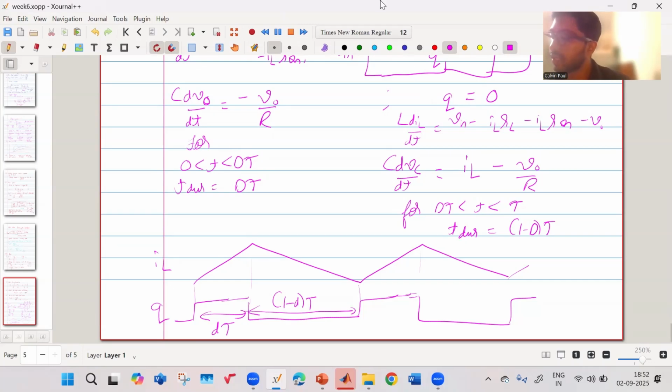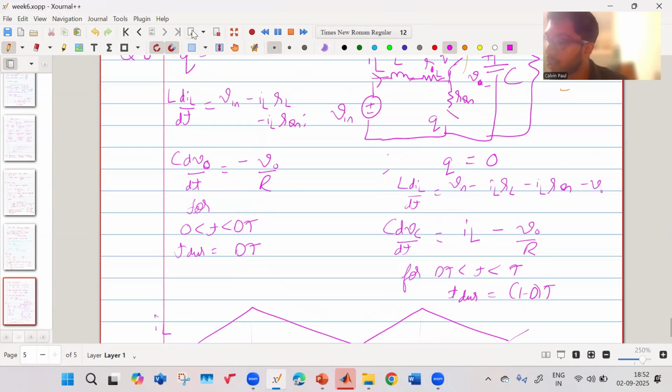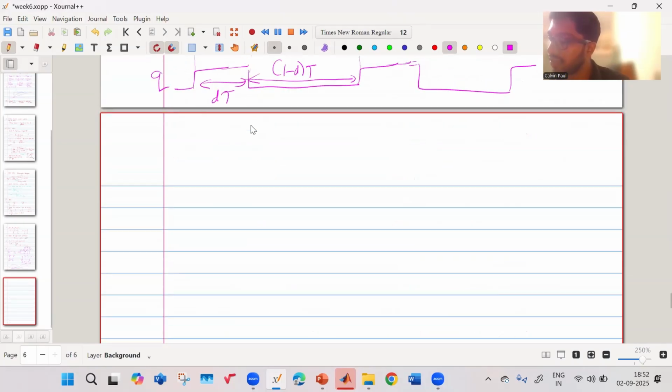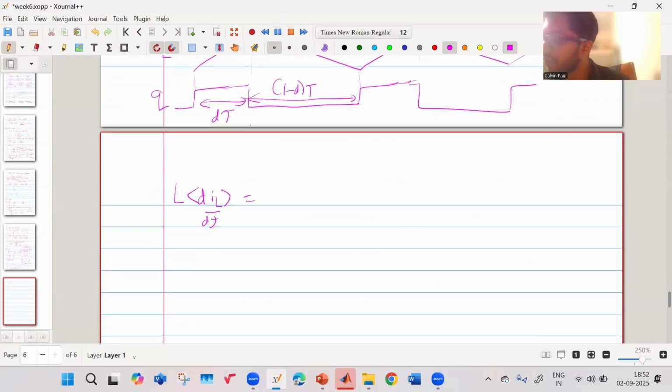When you try to find the average behavior, like you have seen earlier, we will get L dIL by dt. This average part is equal to this part: V minus IL into RL minus IL into R1.